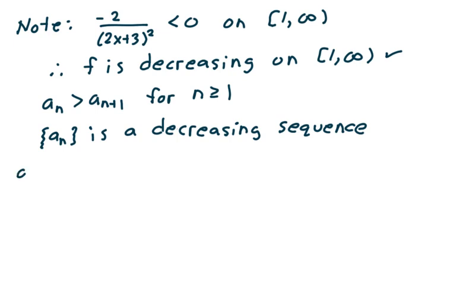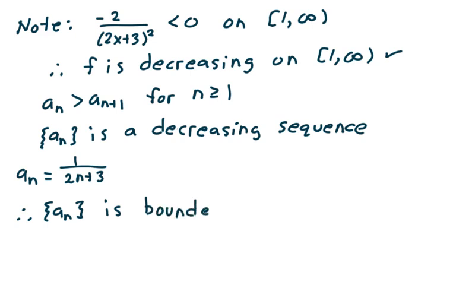And so remember, a sub n is 1 over 2n plus 3. And so therefore, a sub n is bounded above by 1/3, or excuse me, let n be 1, so 2 times 1 is 2, 2 plus 3 is 5.